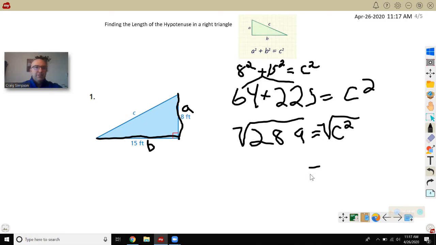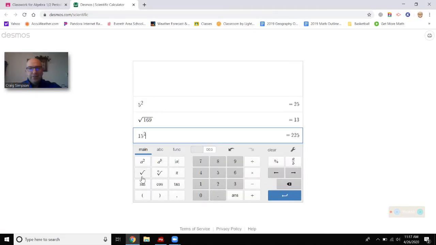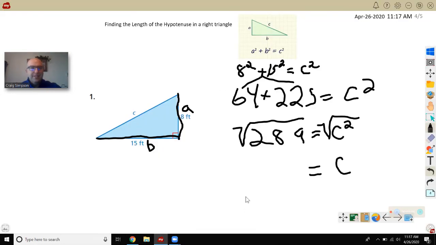So now to find what C is, we have to find the square root of 289. So square root, oops, clear that. Square root of 289. And that gives us 17. So this missing side length is 17 feet.